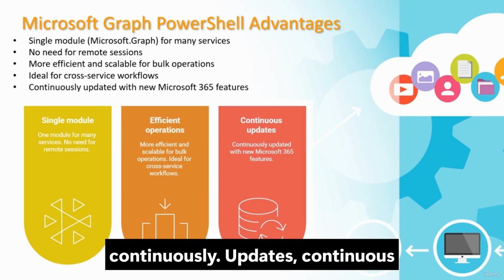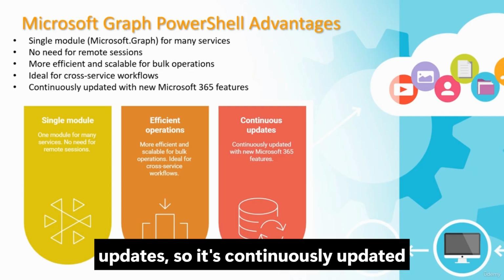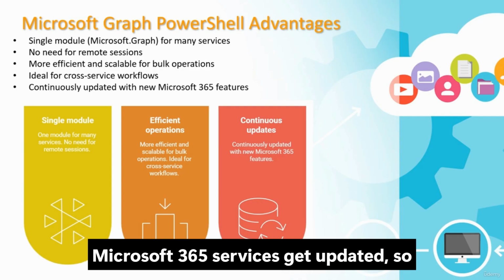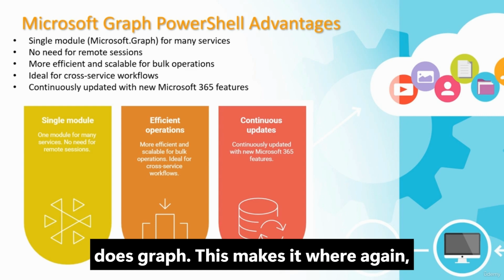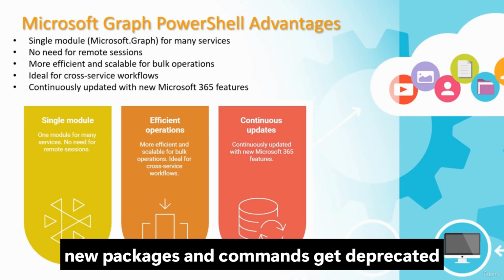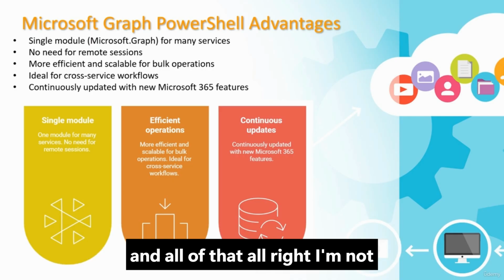Another thing is continuous updates. It's continuously updated with the Microsoft 365 features. So as the Microsoft 365 services get updated, so does Graph. This makes it where, again, you're not constantly having to download new packages and commands get deprecated and all of that. All right.